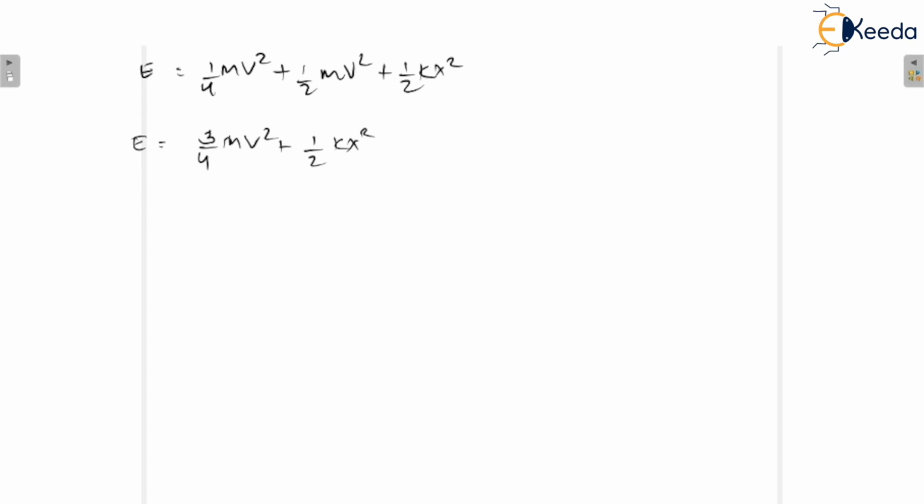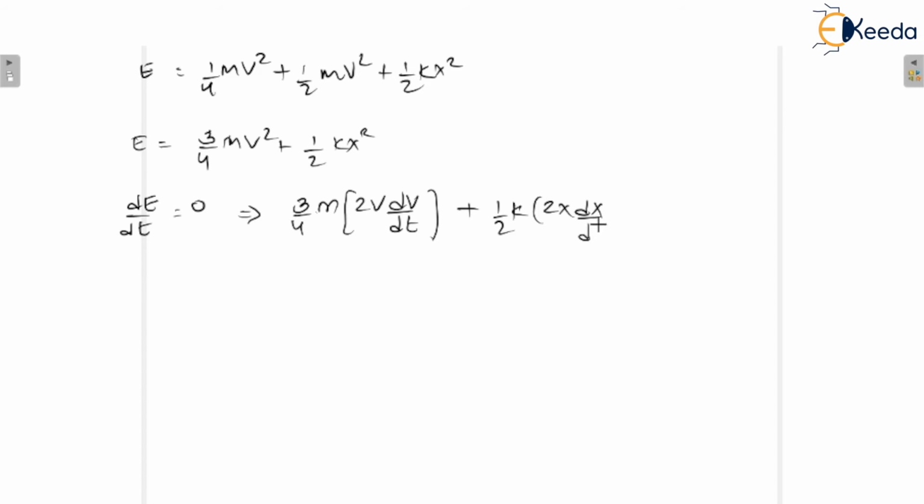Now we will differentiate: dE upon dt is equal to 0. That means 3 by 4, m is constant, and v square will be 2v dv upon dt, that would become acceleration, plus half into 2x dx upon dt, because k is constant and m is constant, and the remaining velocity and displacement are variable here.